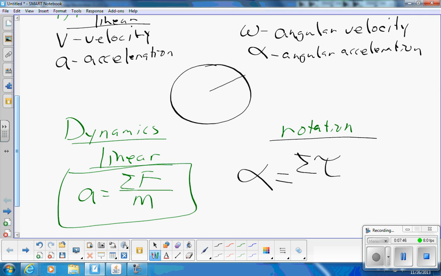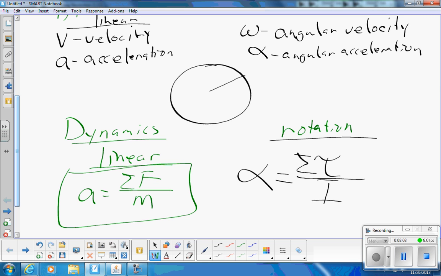And there's another quantity we'll be learning about, which is analogous to mass, and it's called rotational inertia, and that's capital letter I. It's probably a Greek I, like iota or some craziness like that. But in any event, we use a capital I for rotational inertia, and that's a quantity that describes an object's resistance to changing rotation.